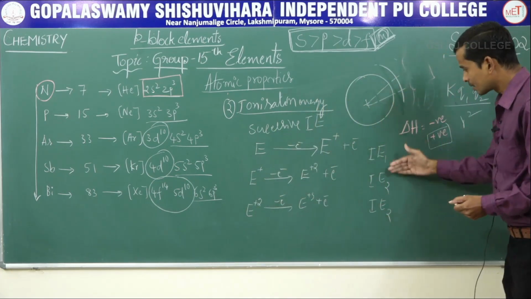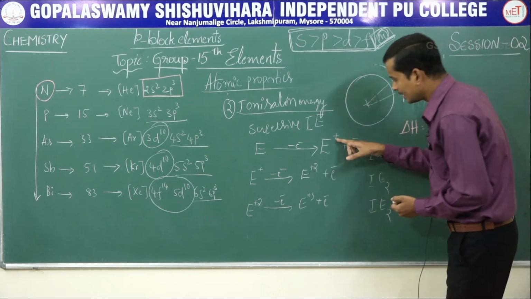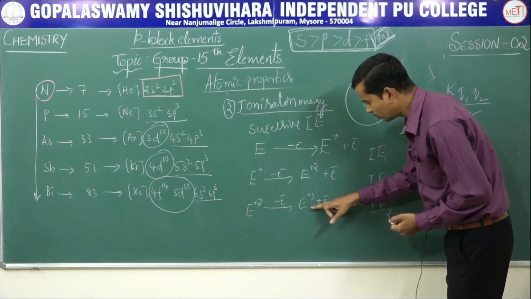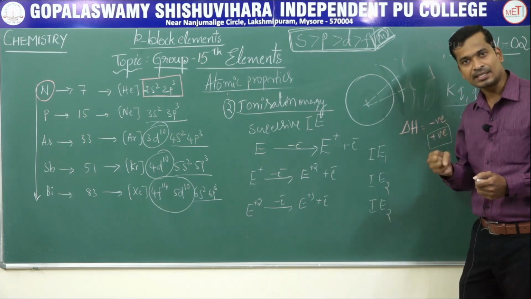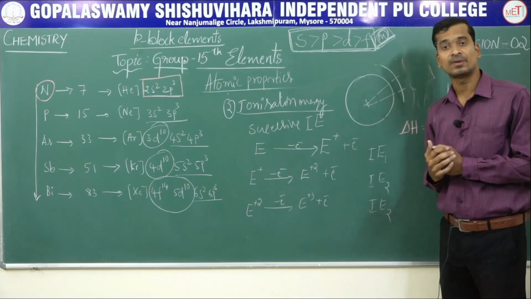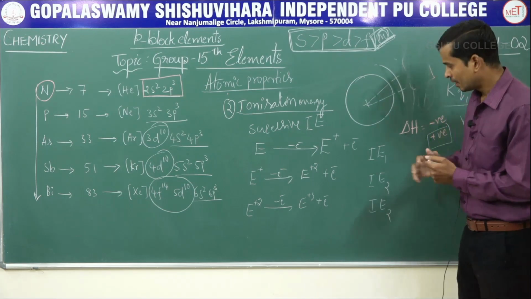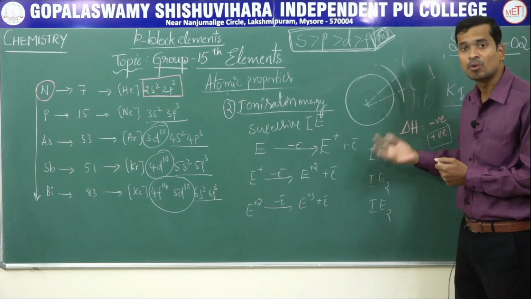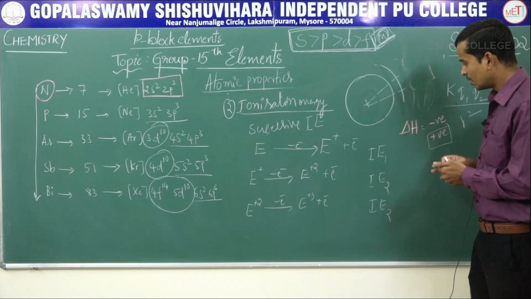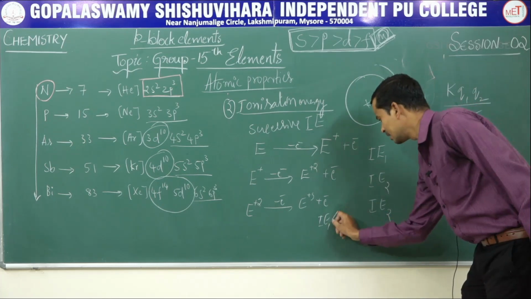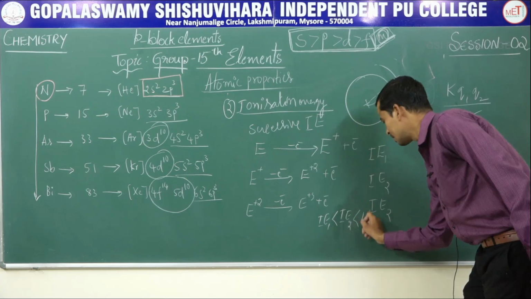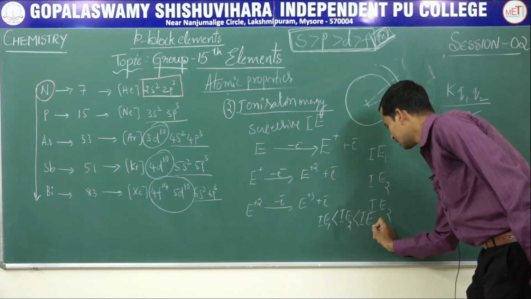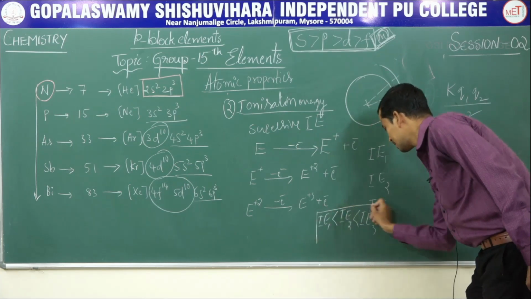This is called successive ionization. As the magnitude of positive charge increases, the size decreases and the effective nuclear charge increases. Hence more and more energy is required. Hence, first ionization energy is less than the second, and the second is always less than the third ionization energy.